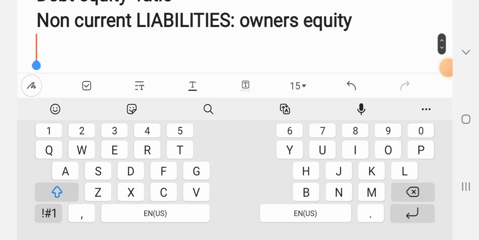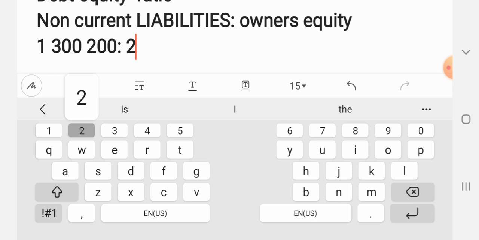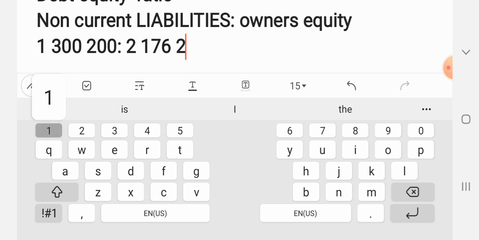So we have 1,300,200 to 2,176,210. Yes, like this.